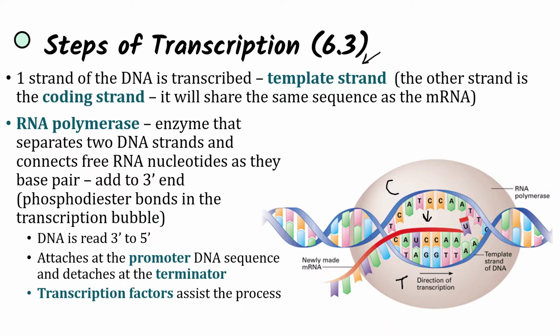And transcription factors assist the process, and we'll talk about those more when we review 6.5. But essentially what's happening here is we're building a strand of mRNA using nucleotide base pairs based off of one of the strands of DNA in order to then export this mRNA out of the cell.